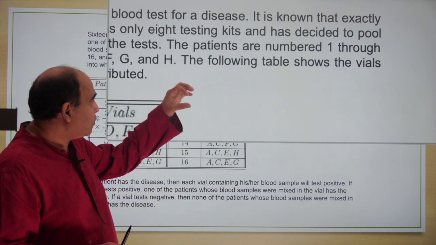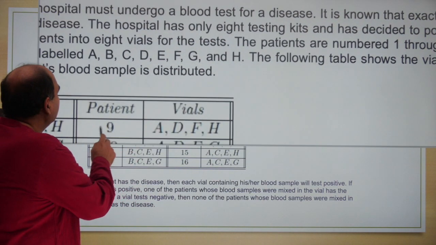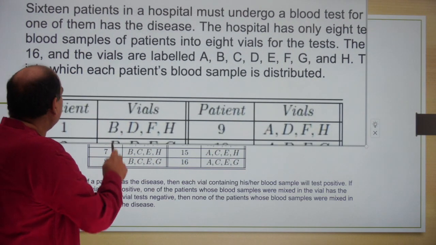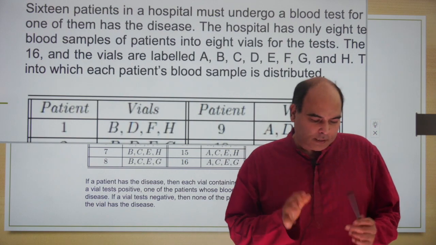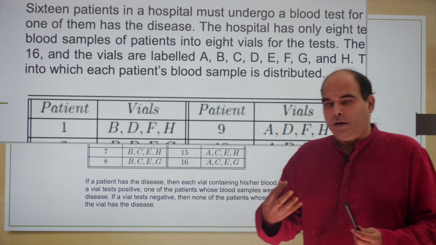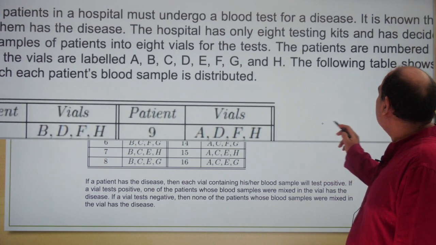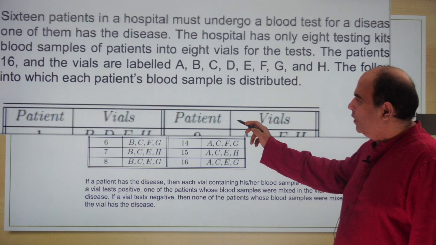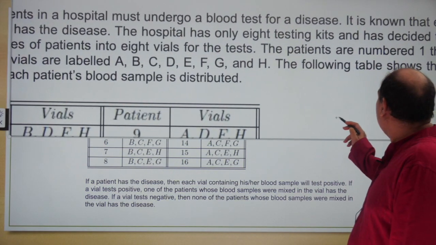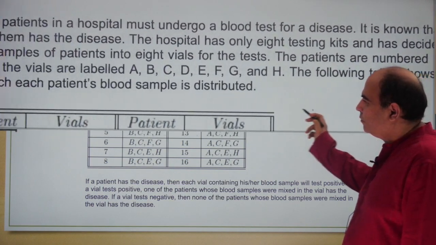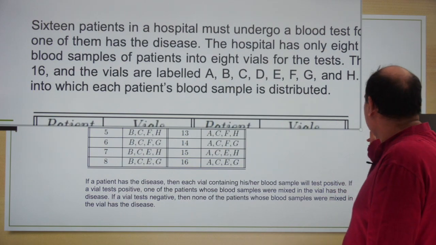the hospital has only 8 testing kits and has decided to pool blood samples of patients into 8 vials for the tests. Okay, so 16 patients, they are pooling blood samples into 8 vials. The patients are numbered 1 through 16, and the vials are numbered A, B, C, D, E, F, G, H. The following table shows the vials into which each patient's blood sample is distributed.